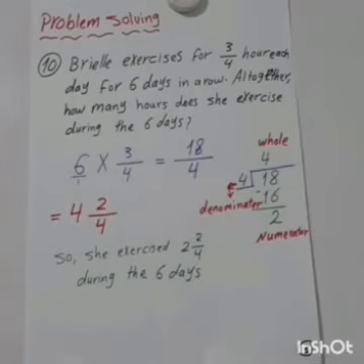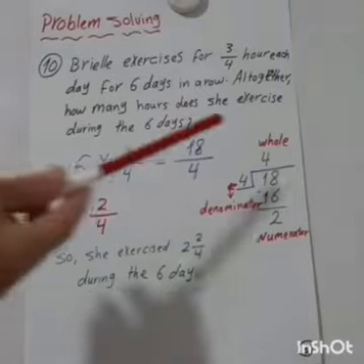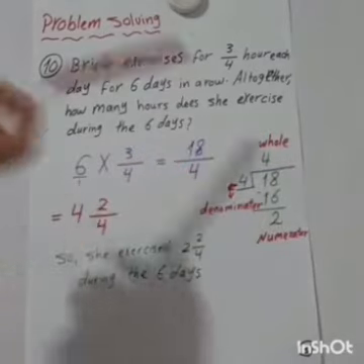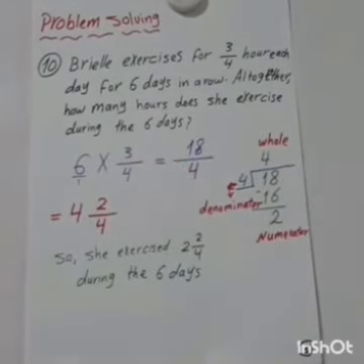I don't have 18 in table 4. I have 4, 8, 12, 16, 20, 24, like this. So it will be 4 times 4, because it will be 16. 4 times 4 equals 16. So it's closer to 18, and also smaller than it. So 18 minus 16 equals 2.